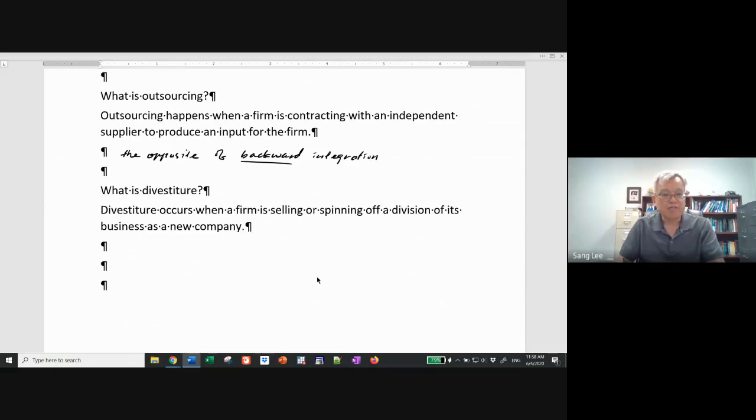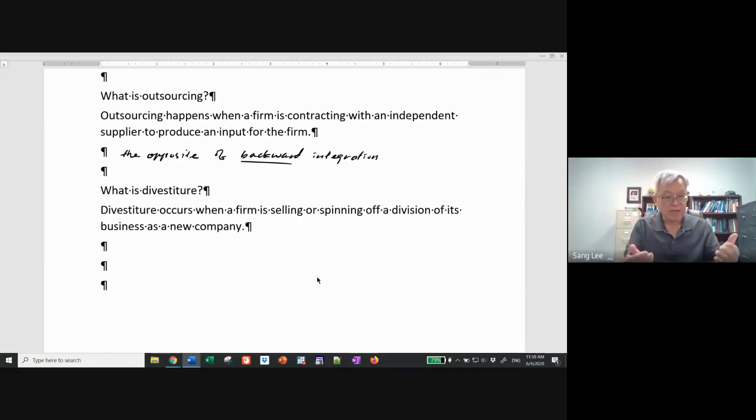Then what is a divestiture? When a firm sells or spins off a division of its business as a new company, we call that divestiture. So, for example, a company has many upstream and downstream divisions.